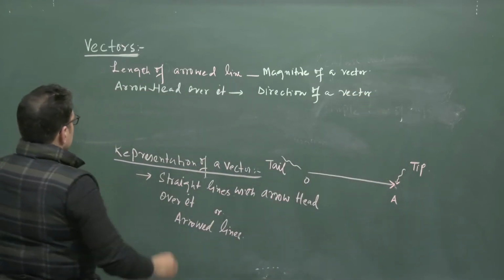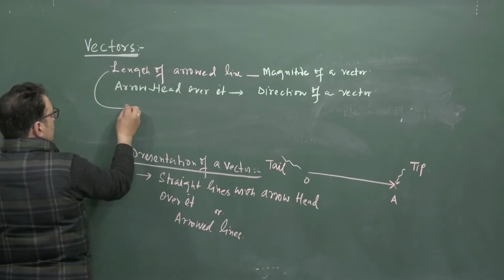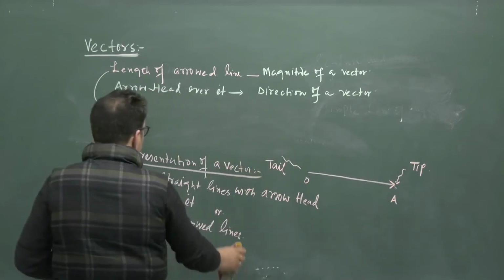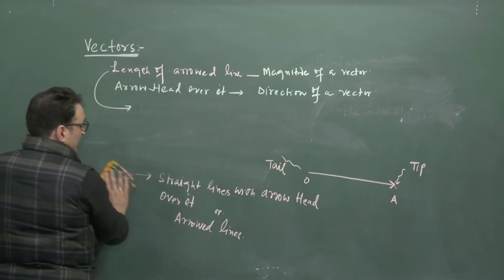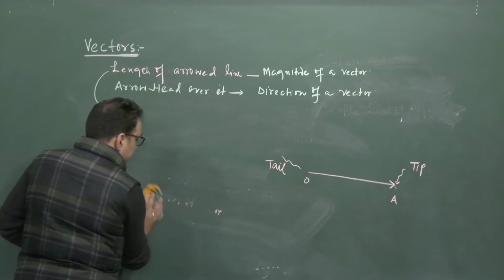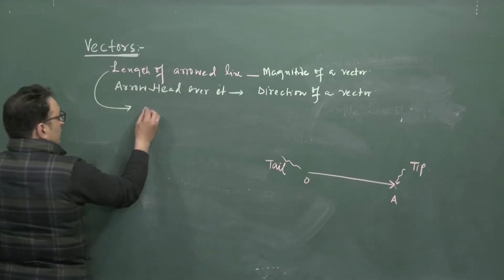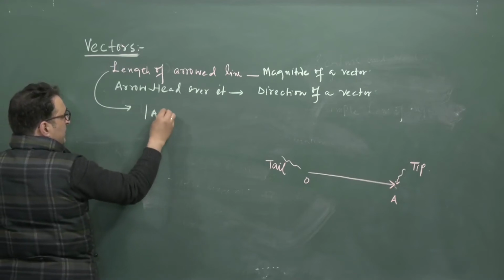Now this magnitude of a vector or the length of the vector is mathematically represented by this.